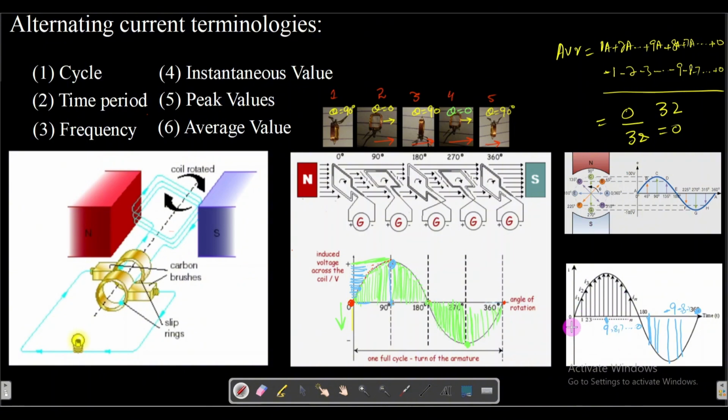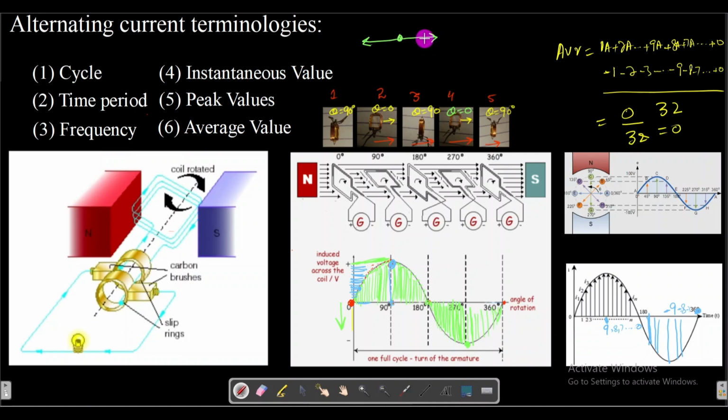Why does the average of this value become 0? Because in the alternating current circuit, the electron is vibrating. Let's say this is the positive x, this is the negative x.